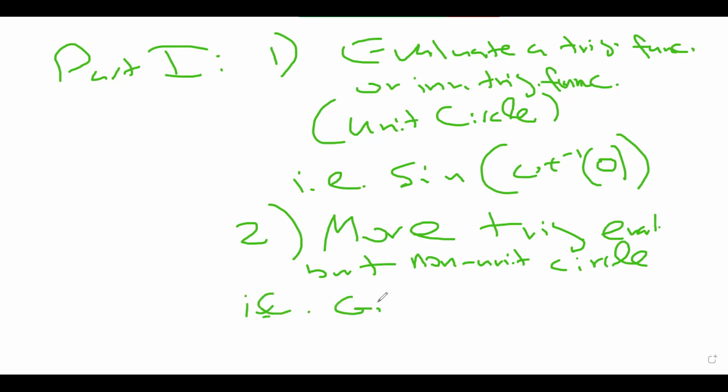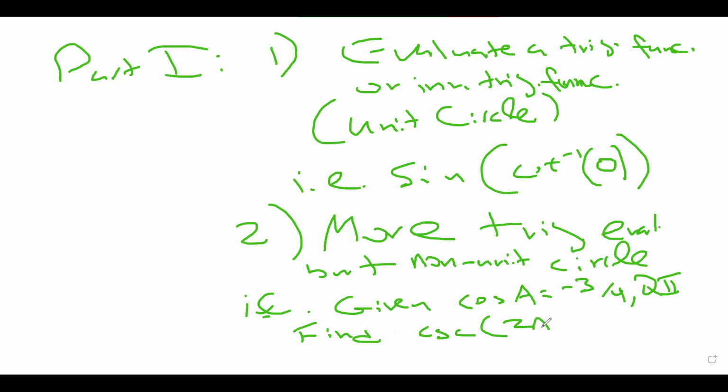You're given cosine of A is, I don't know, -3/4, and you're in Q2. Find, I don't know, cosecant of 2A. Something like that. So what would that mean?